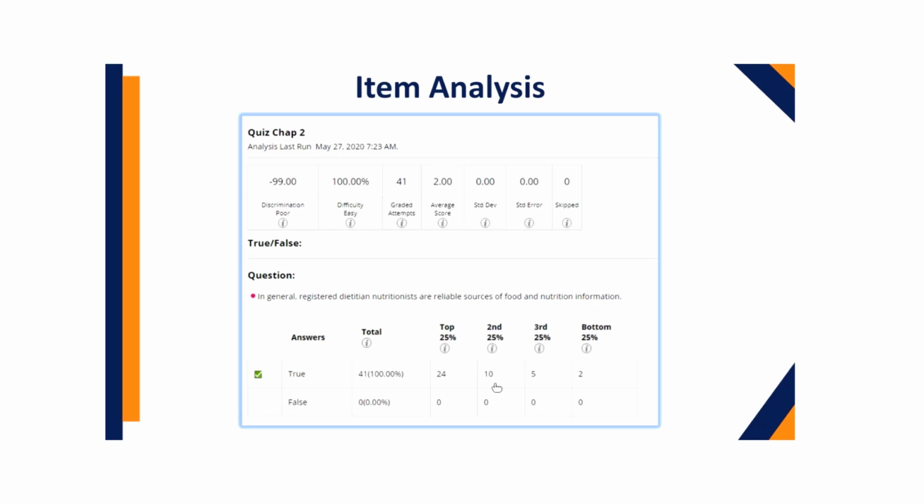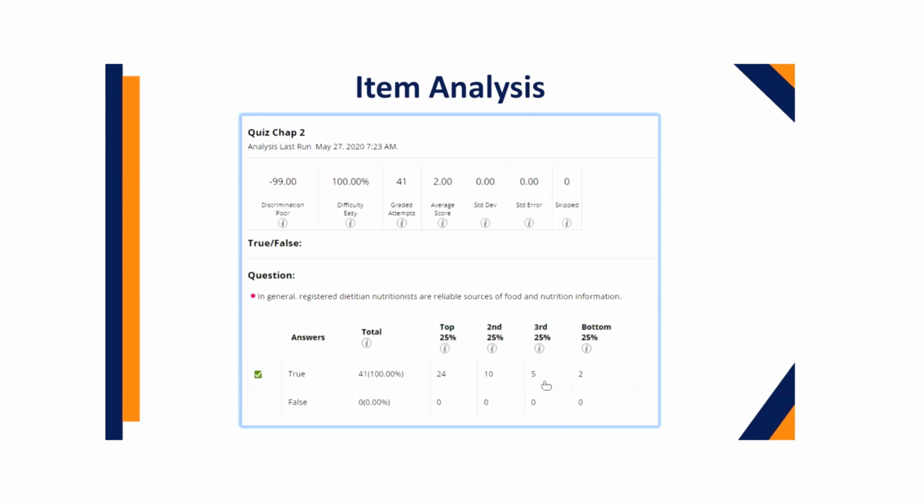And the students that were in the second 25th percentile, 10 of them got this question correct. And the third 25th percentile, 5 of them got this question correct. And even the students that did the poorest on the exam, in the bottom 25%, 2 of them got this question.